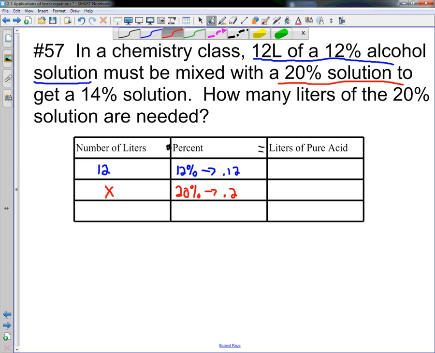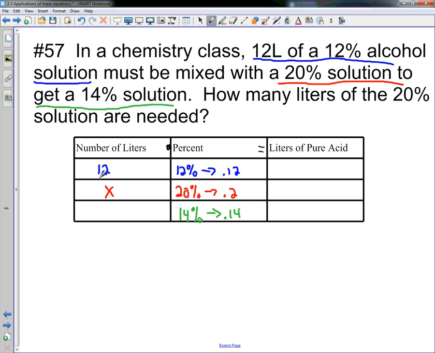The last one is what we're going to end up with. So we want to get a solution of 14%. So we're going to take these two and add them together, and we want the end to be a 14%, which is 0.14. Now, if I told you we added 12 liters plus 5 liters, you would tell me that 12 plus 5 gives me 17 liters of the end result.